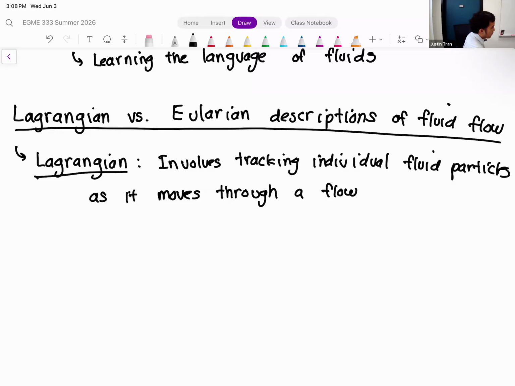Another way to think of it is that you look at a fixed amount of fluid mass. One particle is a fixed amount of mass, although we can generalize this and use the Lagrangian description for a fixed amount of fluid in general. We tag that fixed amount of mass and then follow it as it goes through a flow.